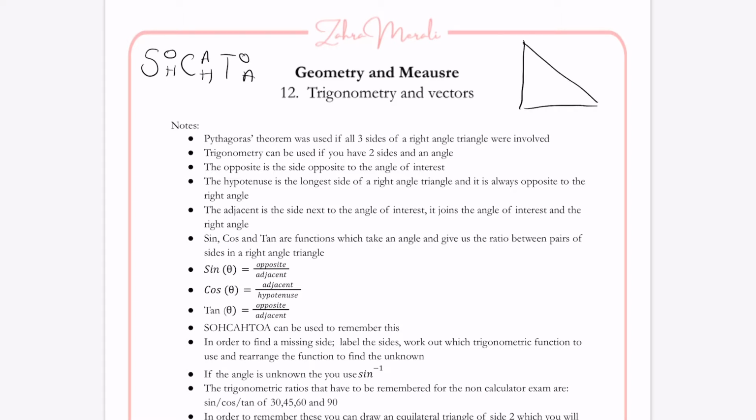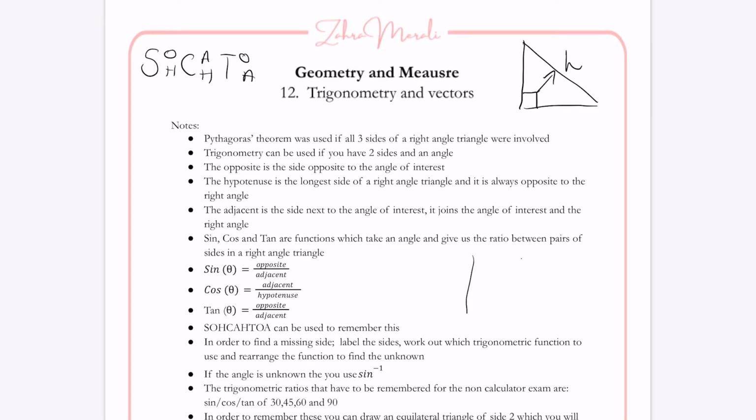So if I have a right angle triangle, I know the side opposite the right angle is the hypotenuse. It doesn't matter how it's drawn, the side opposite the right angle will always be the hypotenuse, and the right angle will be represented with that square sort of shape. Now, it depends which angle you choose.